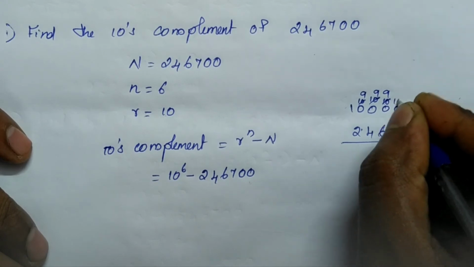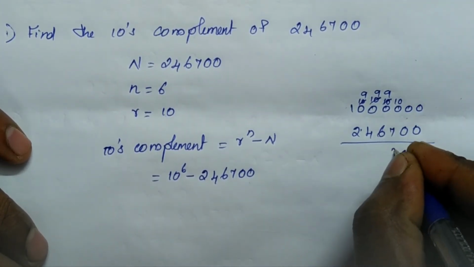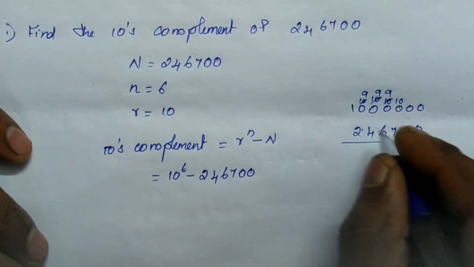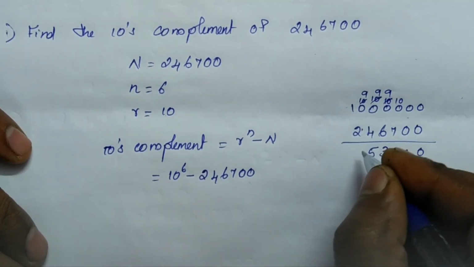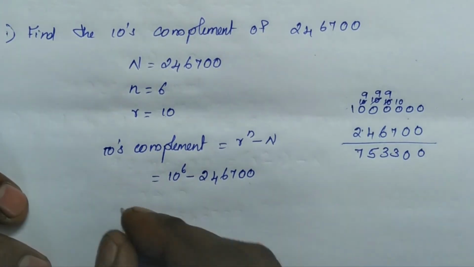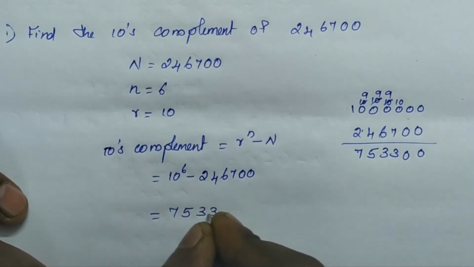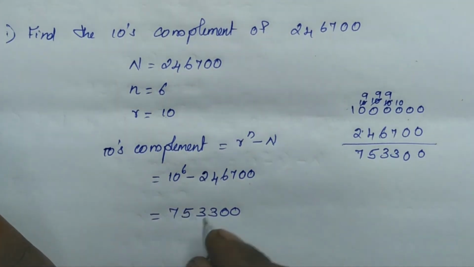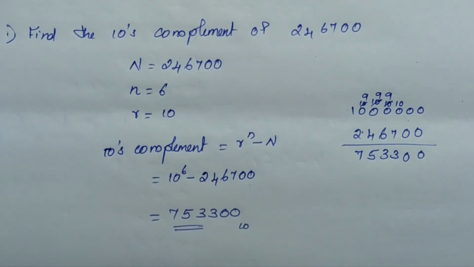Again we are borrowing, so here we will have the value 10. Therefore 10 minus 7, we will have 3. Here also 9 minus 6, 3. 9 minus 4, 5. 9 minus 2, 7. Therefore the 10's complement value is 753300. This is the 10's complement.